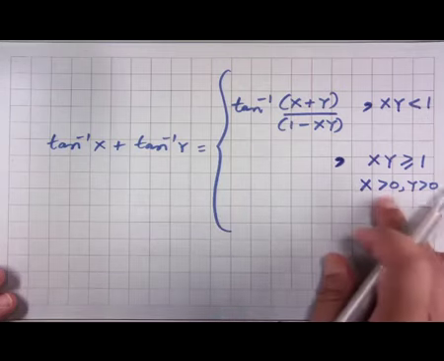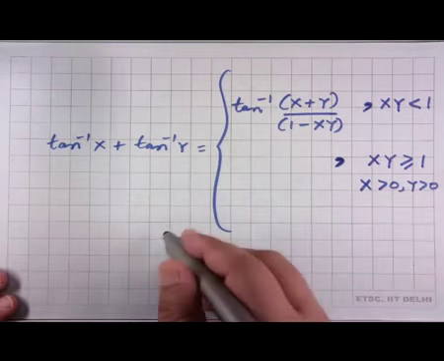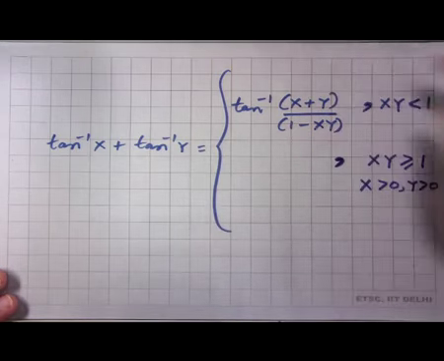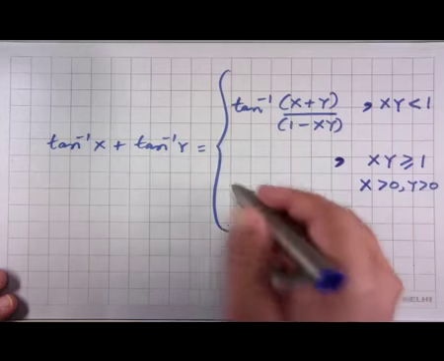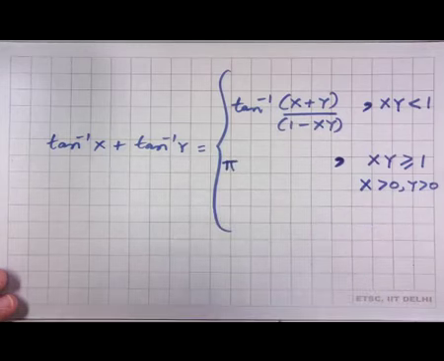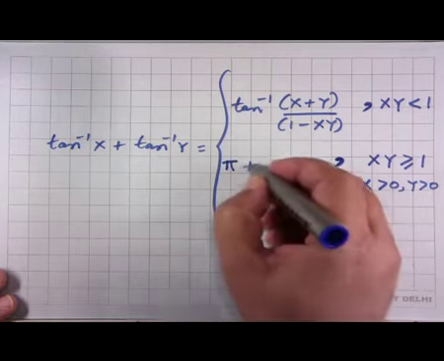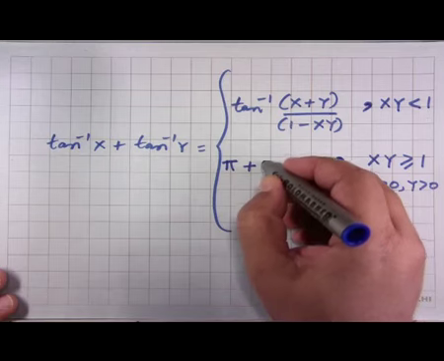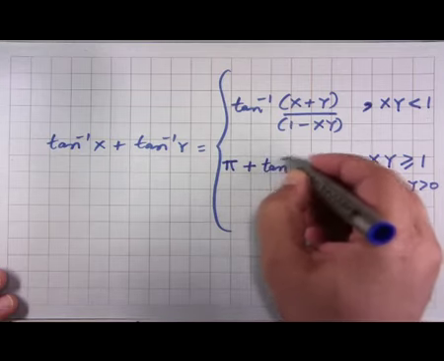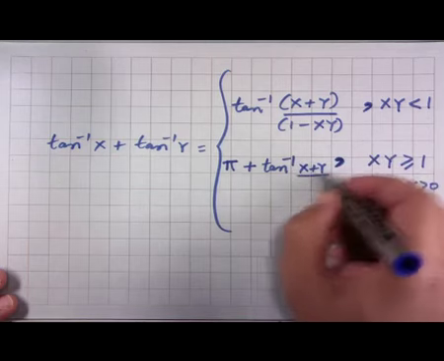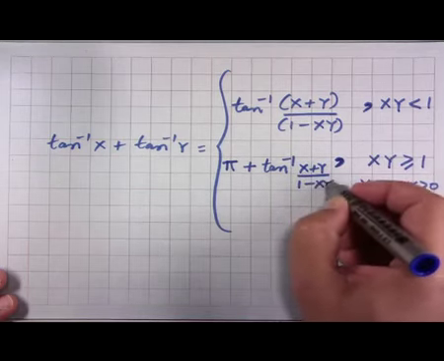If we have this case, then this expression is still going to remain, so it will be pi plus tan inverse of x plus y over 1 minus xy.